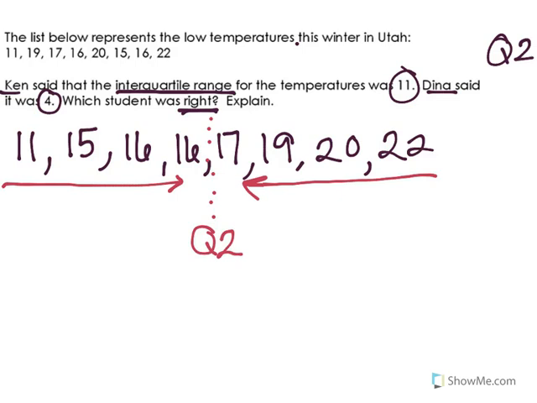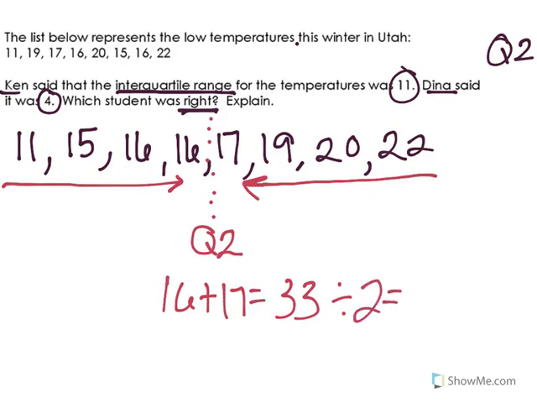I'm going to add 16 and 17, and I get 33, and then I need to divide by 2 to find the average, which is 16 and 5/10.